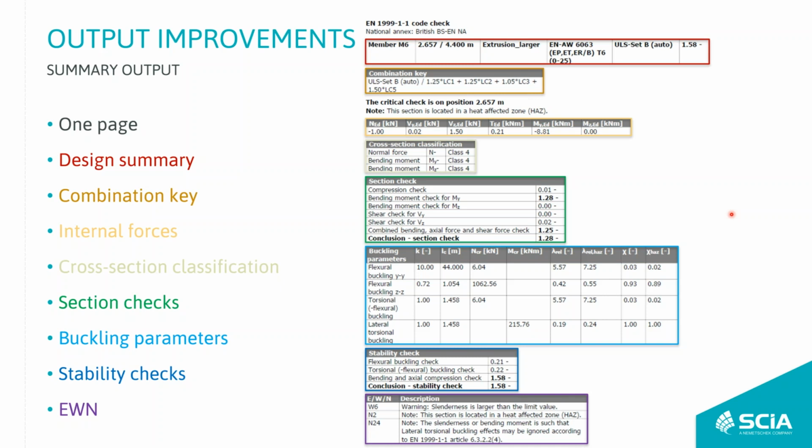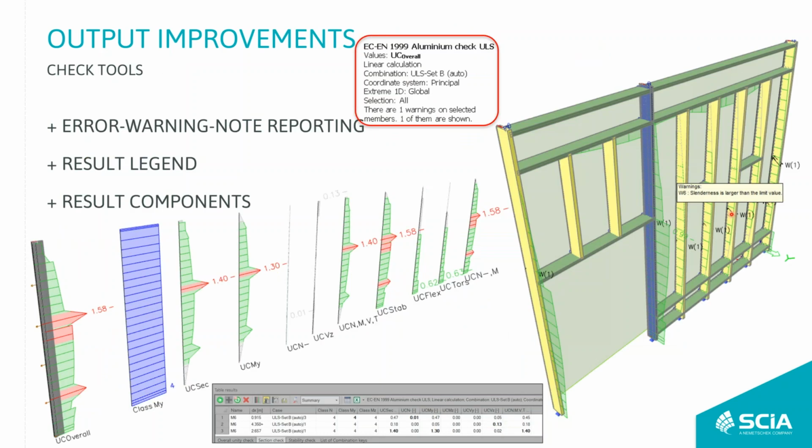And what I didn't yet mention is that we also have some improvements related to the graphics in the 3D window. We added the legend into the 3D window for the results, so you know, when you are checking your structure for ultimate limit states, which value is drawn on the screen and which extreme is used.